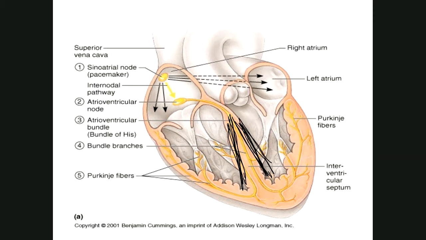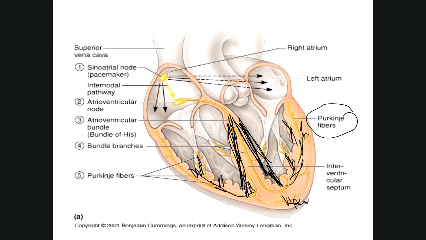And then it's going to go all the way down to the apex of the heart. And then it's going to divide and split and go back up. And it goes back up as the Purkinje fibers. And so that's going to spread the action potential all the way through the heart so the heart can beat as a unit.